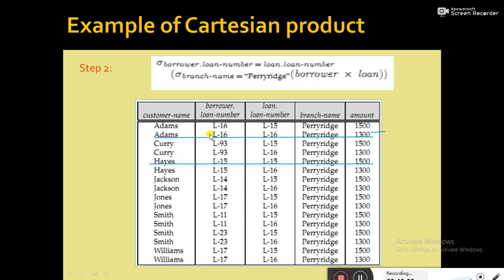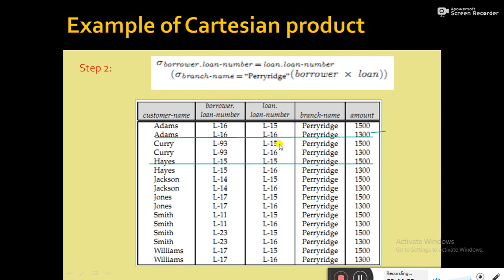That means only if the loan numbers from borrower and loan are the same is that tuple valid data. So we have to perform another selection operation on that relation: select branch name Paris borrower cross loan.